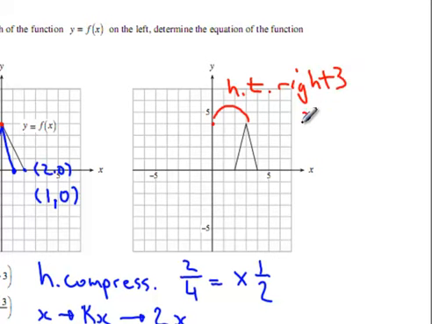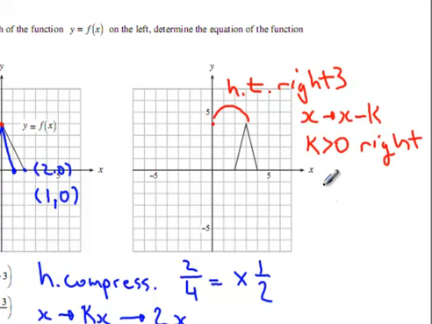Horizontal translation is x to x minus k. K bigger than 0, positive, will move us to the right. And so we want x to become x minus 3, the distance that we move to the right.